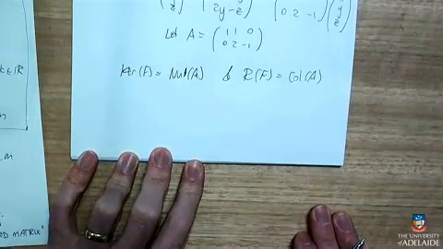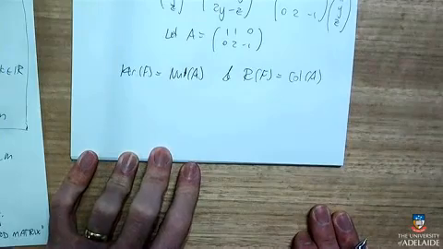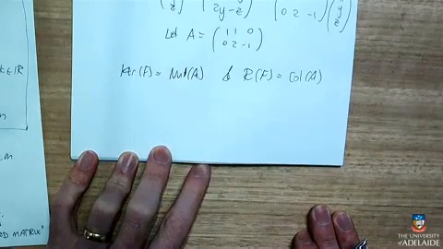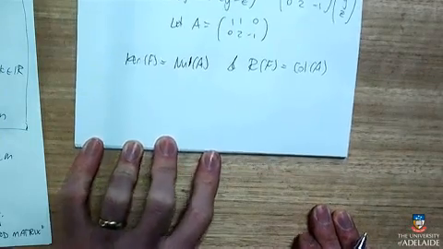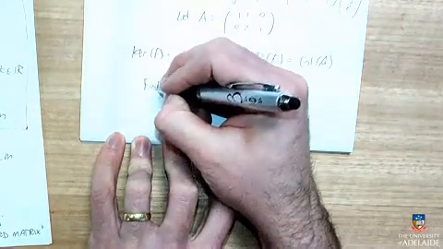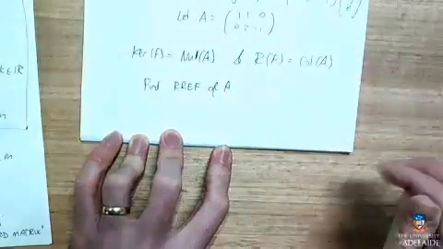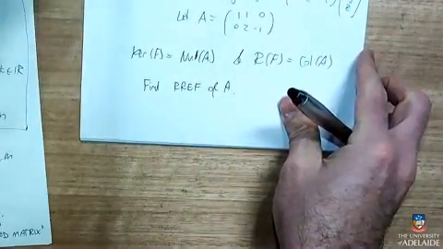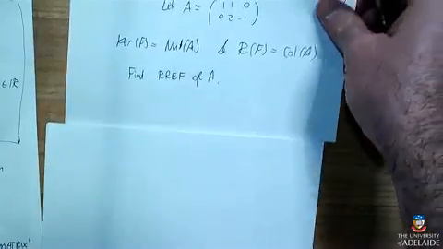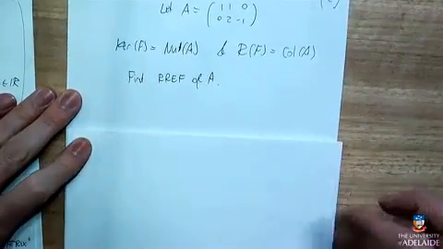So, to find the null space and the column space, the easiest way is to reduce row echelon form the matrix. And so, I'm going to find the reduced row echelon form of A, for which I'm going to need to go to a new page. Okay.